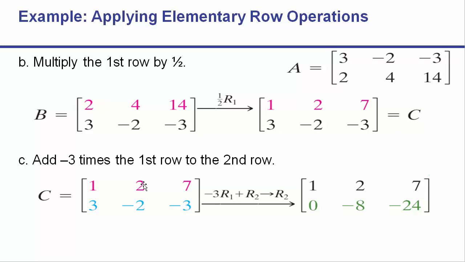You don't have to keep calling it new names, by the way. We're just keeping track. Now it said we wanted to add -3 times the first row to the second row. So we take this new row 1, multiply it by -3, and add it to this. So -3 plus 3 gives me 0. This would be -6 plus -2 is -8, and then -21 plus -3, -24.